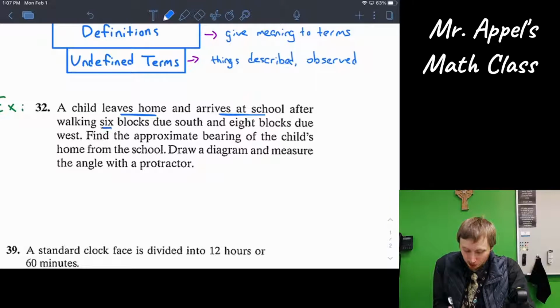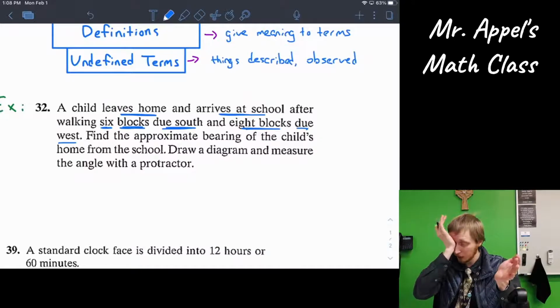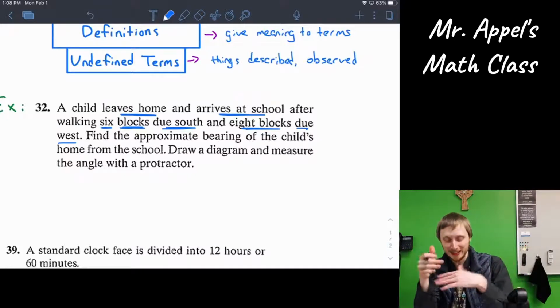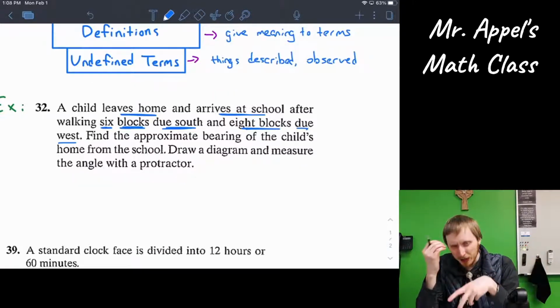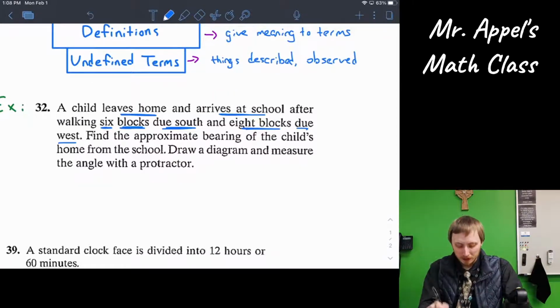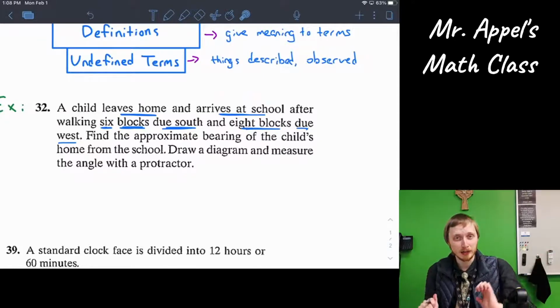Walking 6 blocks. Oh, now we've got numerical. We've got a unit. Due south, we have a direction. 8 blocks due west. There must be a reason that 8 blocks due west is different from 6 blocks due south, okay? So already we're introducing length, number of blocks. How many blocks did he walk?